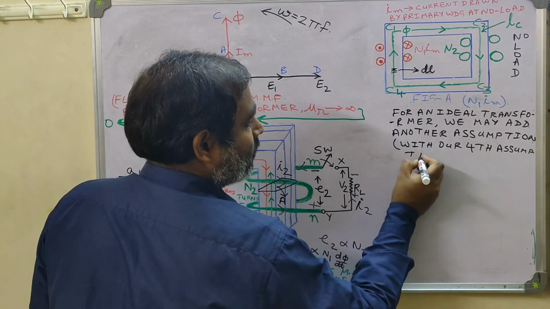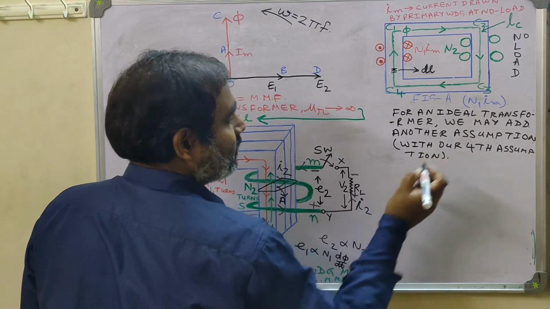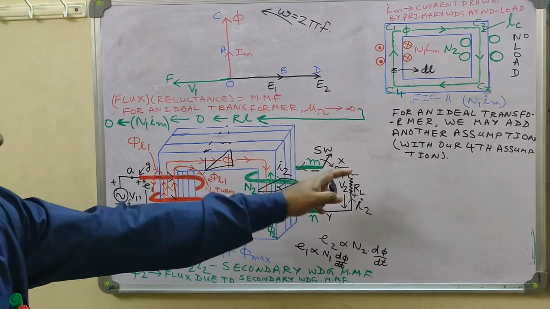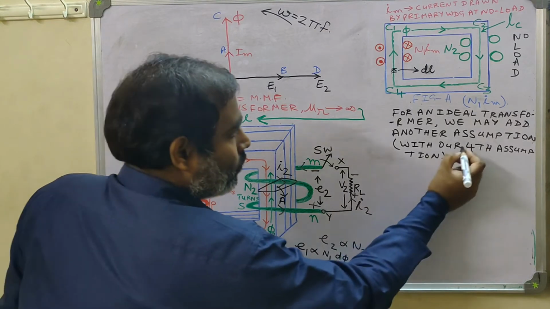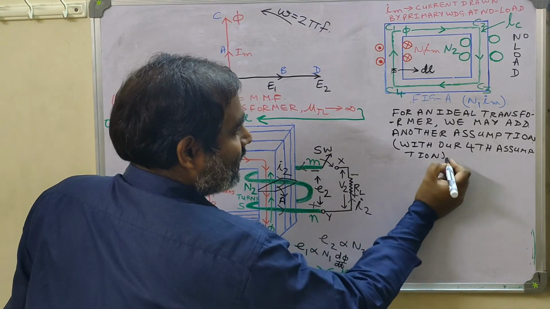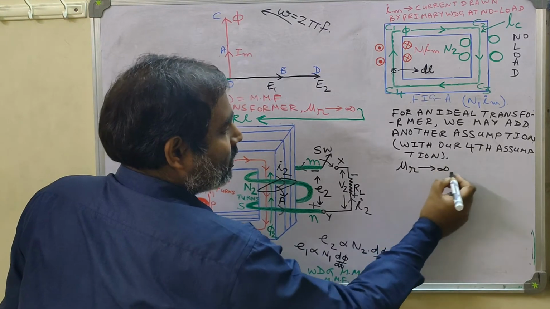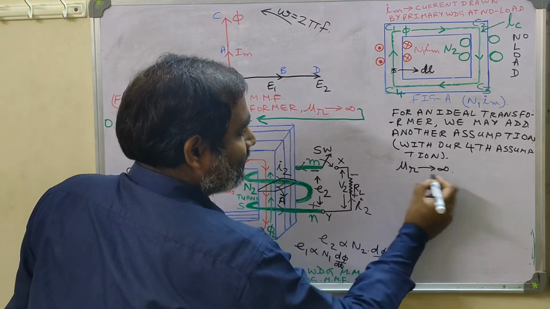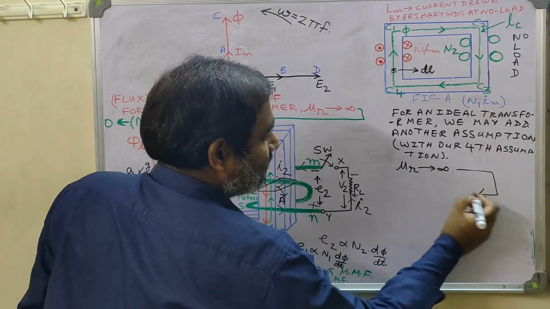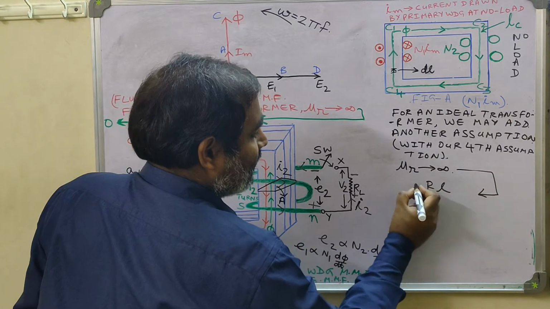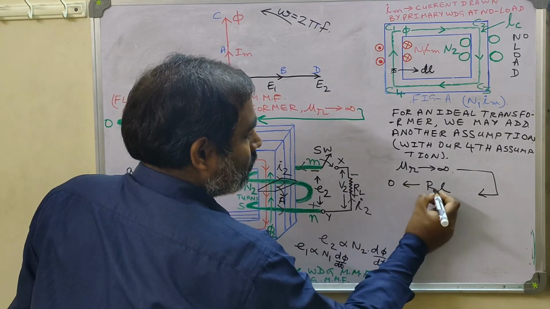That the magnetic core of the transformer will never get saturated. So for an ideal transformer, we may add another assumption with the fourth assumption which we have made. What was that? That mu r tends to infinity. So this implies that reluctance tends to 0.